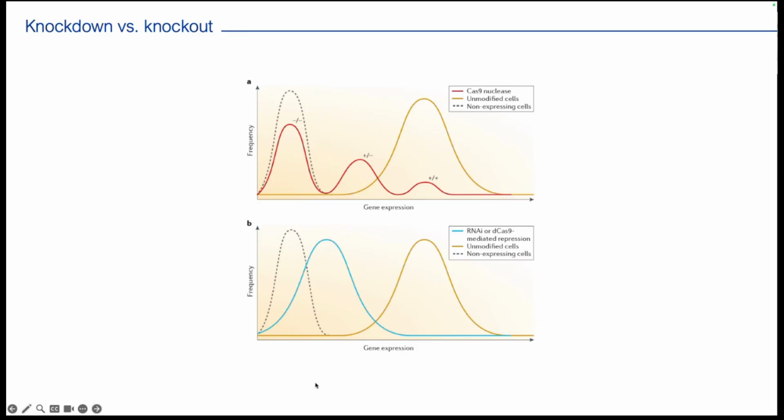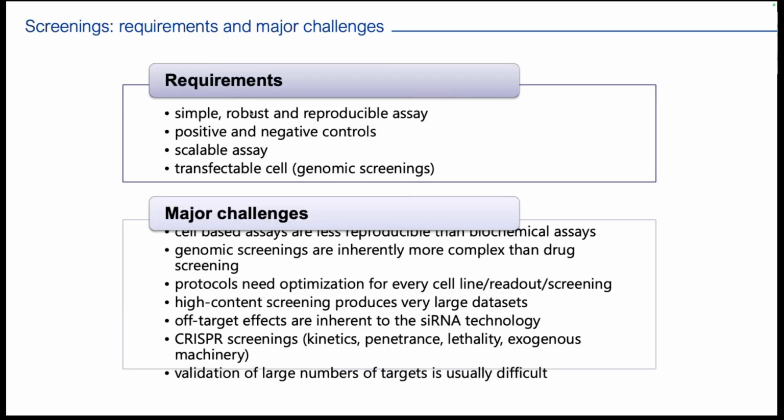Okay, and this is of course even more critical for essential genes and genes that cannot be completely deleted but can be knocked down. So you can analyze these, but not that phenotype. So this is just a conceptual difference that we should have in mind when we do these types of experiments, not only for screening but also normal experiments.